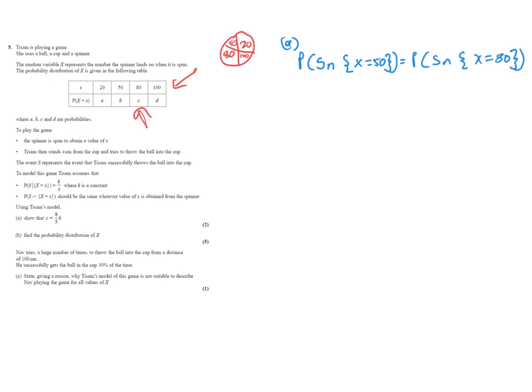So that's kind of what it's getting at, is success and rolling, it's not rolling, it's spinning to get that particular number.